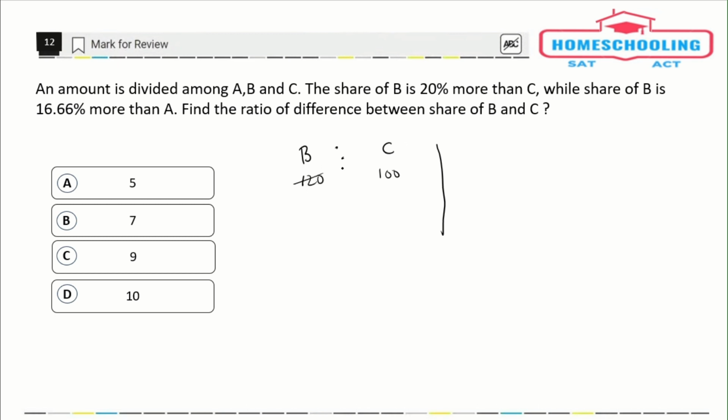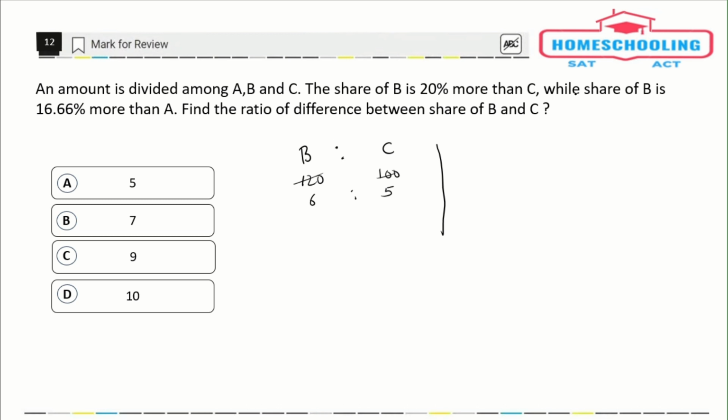If we factorize it, it will be 5 times and 6 times, 20 into 5 and 20 into 6. So B and C are in ratio 6:5.